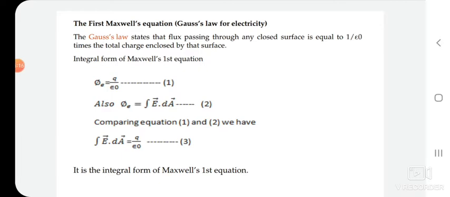The Gauss law states that the flux passing through any closed surface is equal to 1 by epsilon naught times the total charge enclosed by the surface.